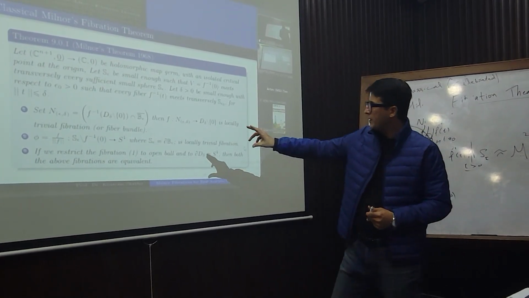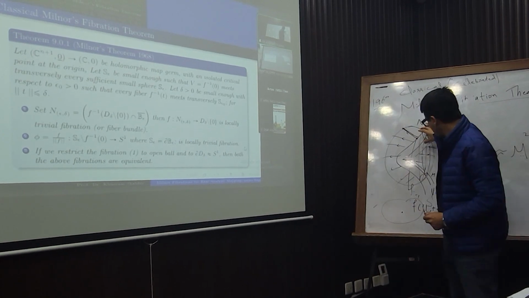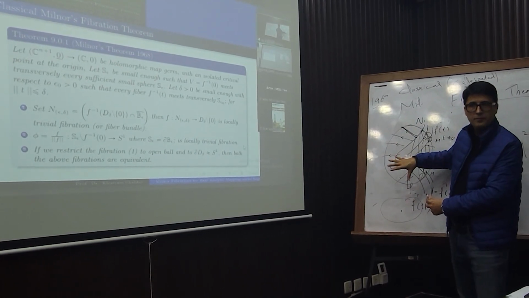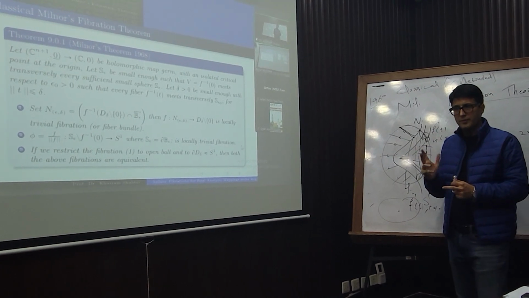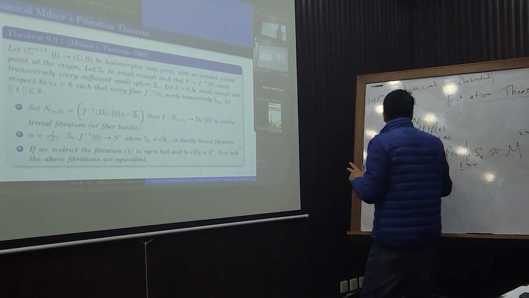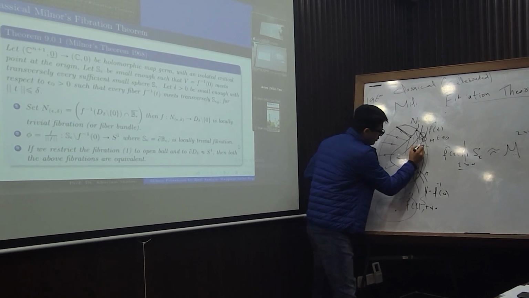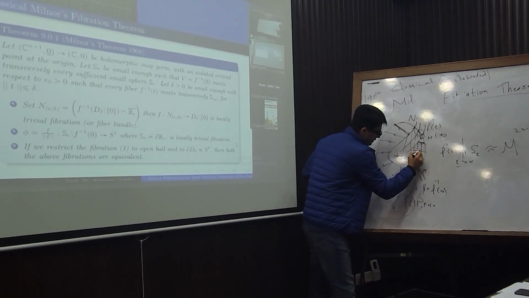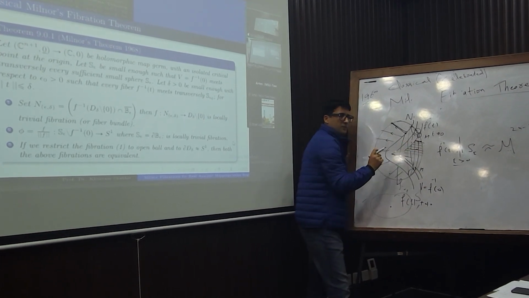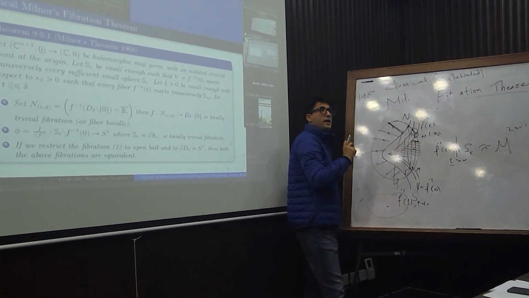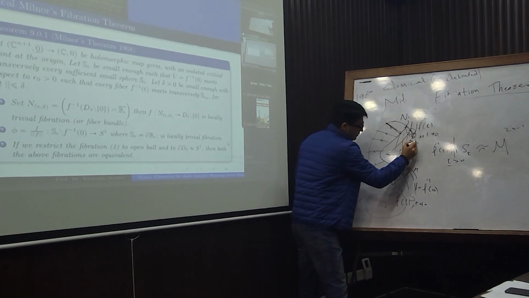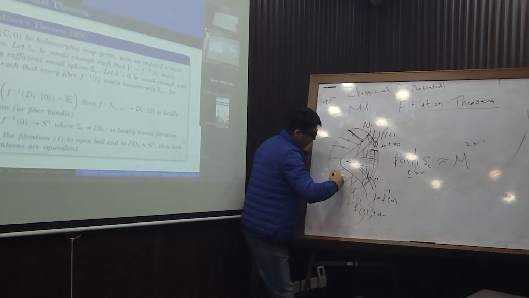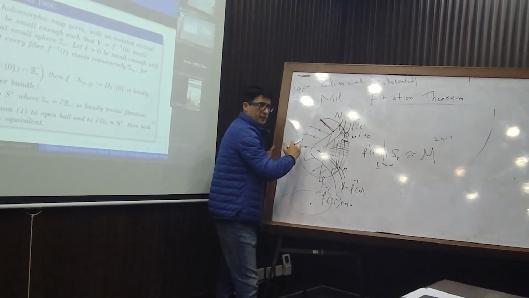So these two fibrations, over the tube and over the sphere, they are all equivalent, right? Why are they equivalent? Because this map from the tube to the sphere, these line integrals, are injective maps and they are surjective. Also the important fact is that all these fibers are transversal to this sphere.